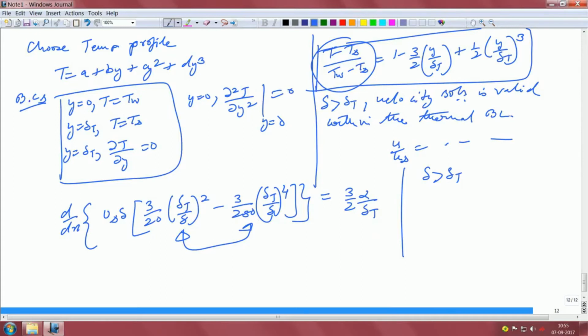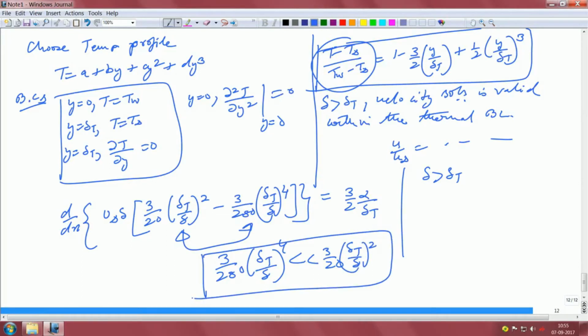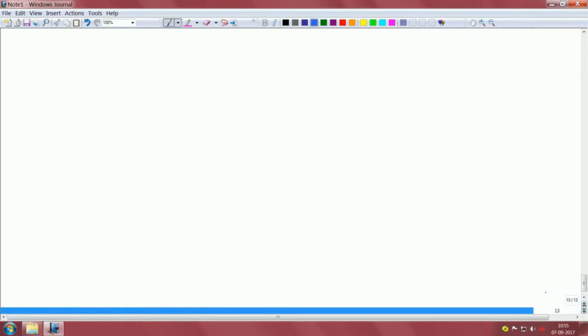So, you can safely assume that 3 by 280 delta t by delta to the power of 4 is much lower than 3 by 20 delta t by delta squared. That is already an assumption based on the fact that delta is greater than delta t. So, based on that, the equation simplifies.